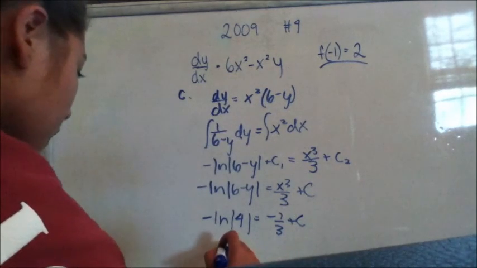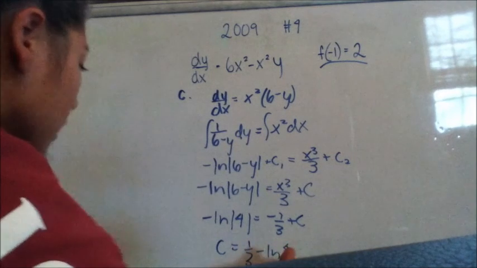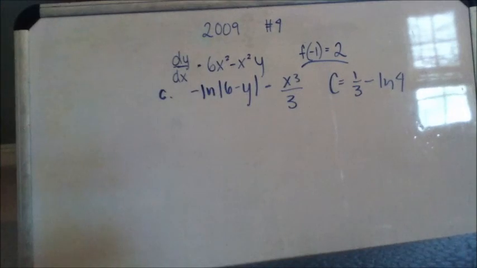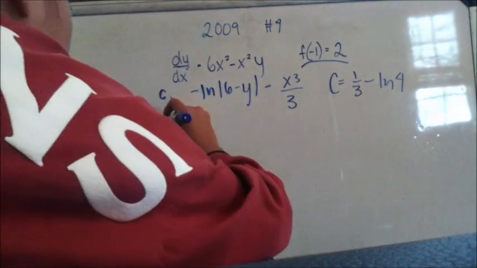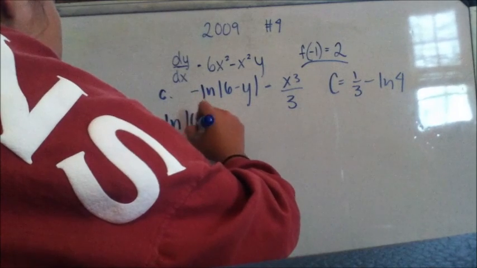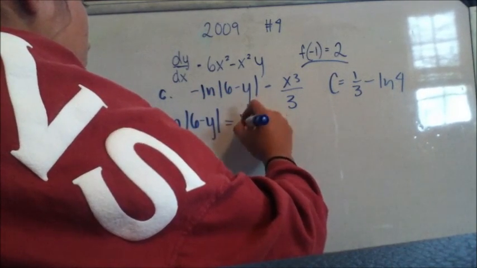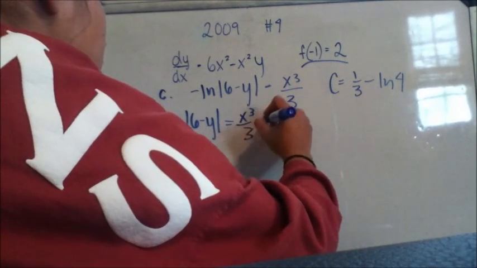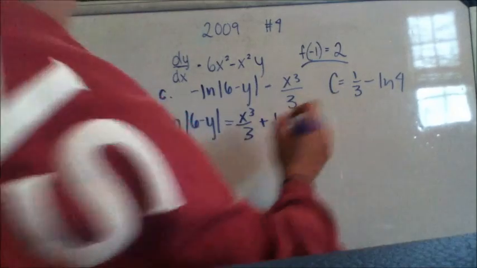So we get c equals 1/3 minus ln 4. So now we have our equation and we have a c value, so we can put these all together. Negative ln of 6 minus y equals x cubed over 3 plus 1/3 minus ln 4.